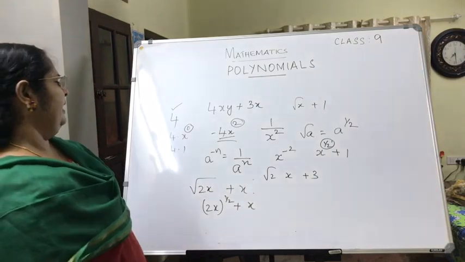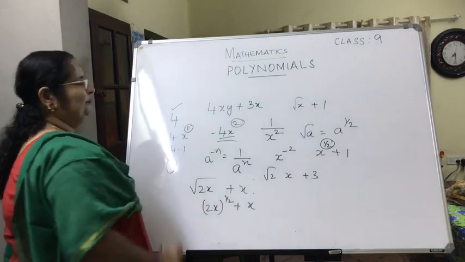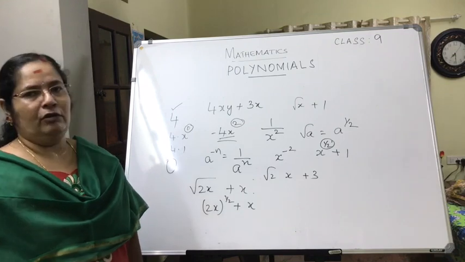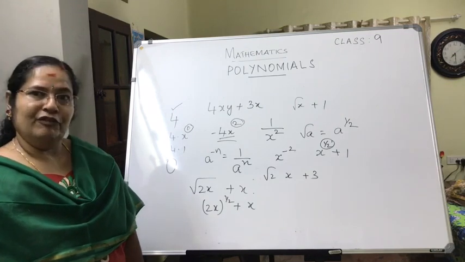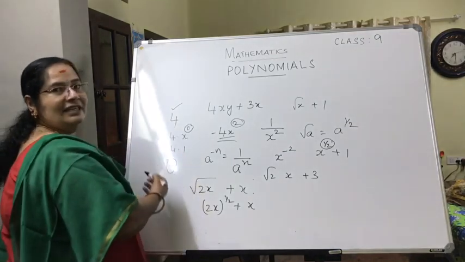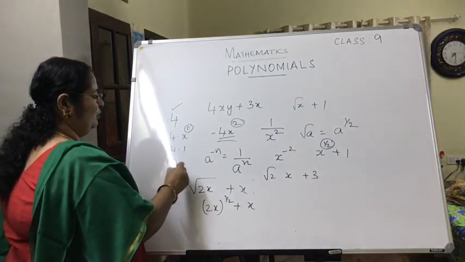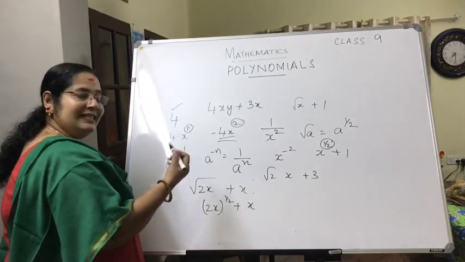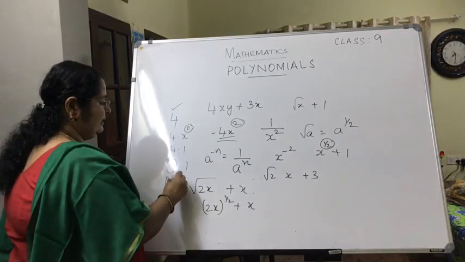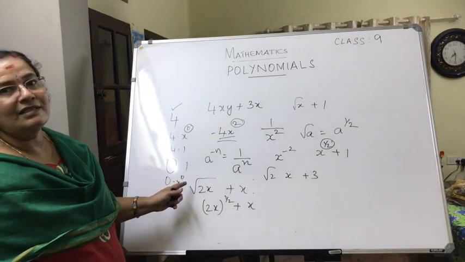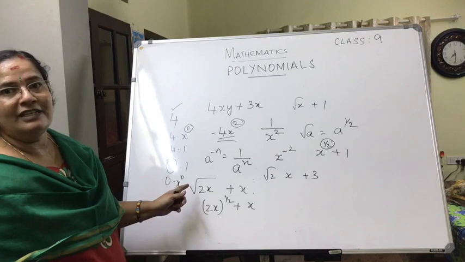Now suppose you take 0. Is 0 a polynomial? Of course, 0 is also a polynomial. How? Same pattern. 0 into 1 is 0 only. So this 1 we can write as 0 into x raised to 0. The power of x is a positive integer.